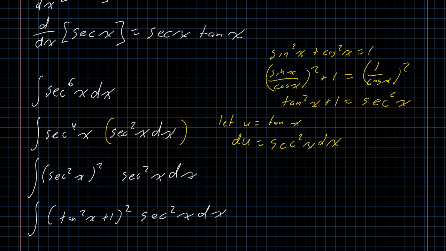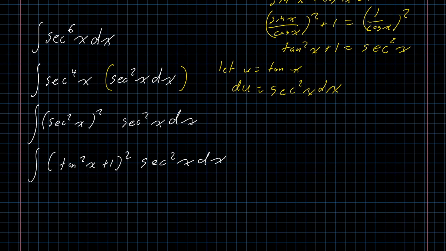And I could continue rearranging from here, it absolutely works, but at this point I'm going to go ahead and do my u substitution so that I have u squared plus 1, the whole thing squared, du.